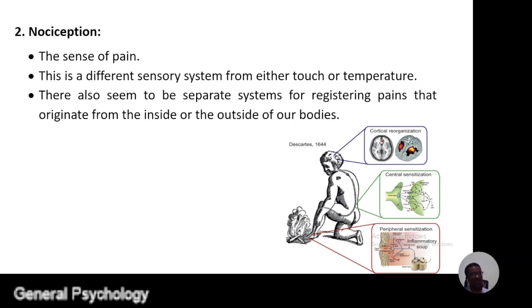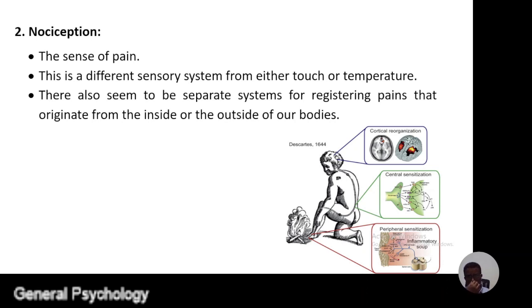So the pains our body faces can be detected by nociception organs. Nociception is a different sense system from touch or temperature. It is different from touching and identification of temperature.